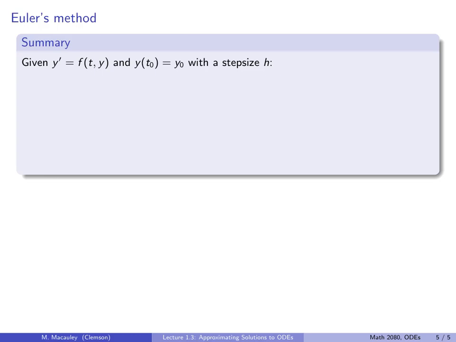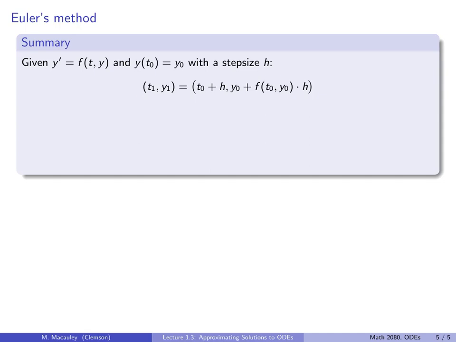Okay, so let's summarize what we've learned. Summary of Euler's method: given a differential equation written in this form, y prime is some expression in t and y, an initial point, y of t naught is y naught, and a step size to use, h.